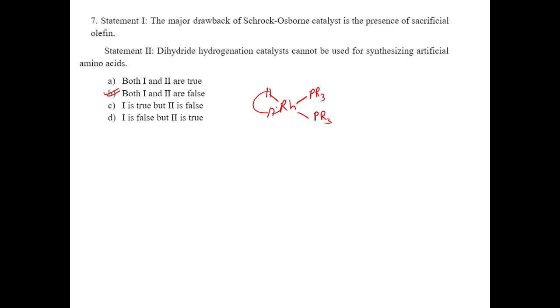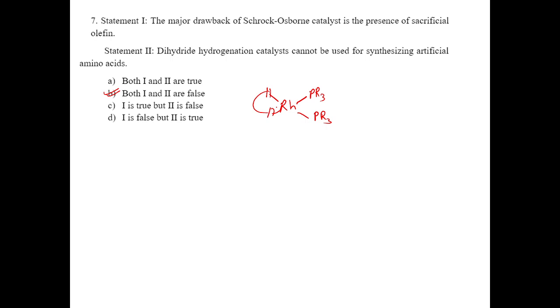So it actually directs that olefin to bind in that place. That's why it's not actually a drawback. The catalyst is designed in that way.